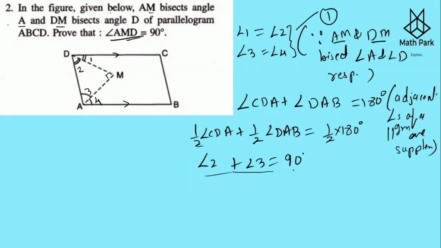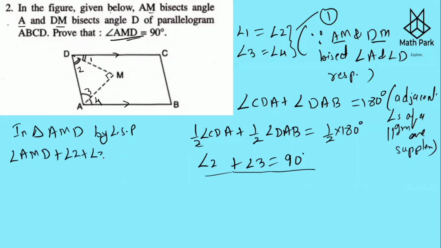Okay, now let us use the angle sum property for a triangle. So let us check in triangle AMD. By angle sum property, you have angle AMD plus angle 2 plus angle 3 is equal to 180 degrees. Now angle 2 plus angle 3, from equation 2, we have 90 degrees.